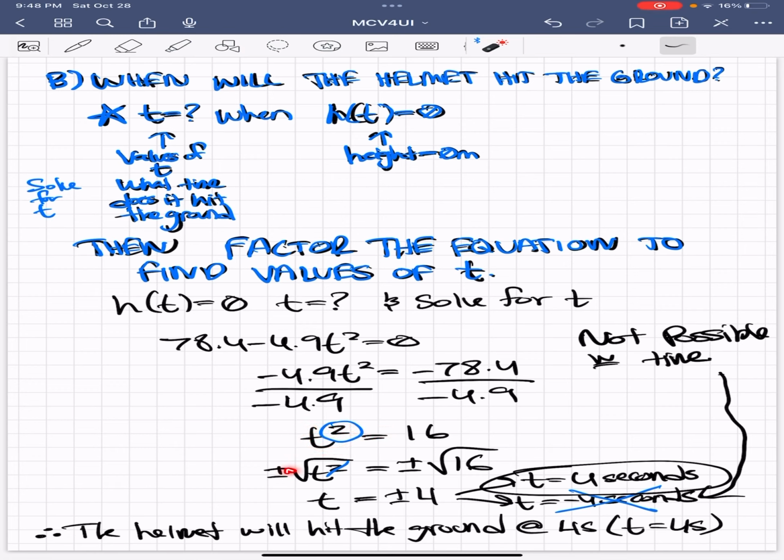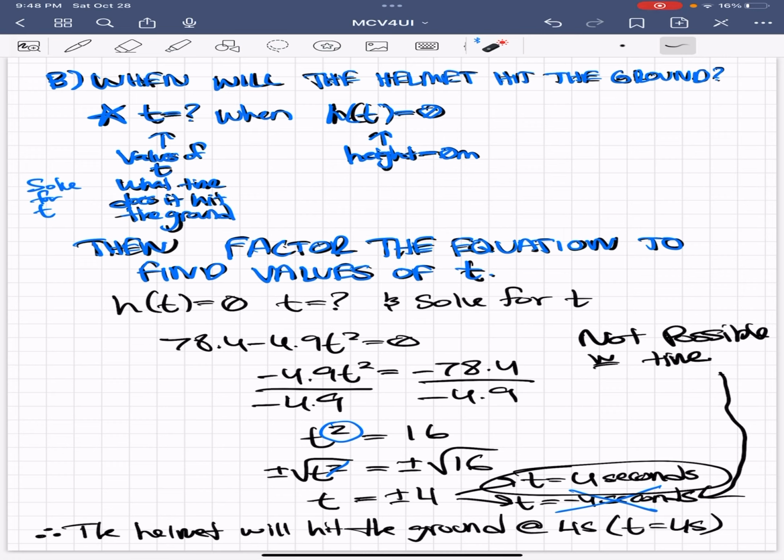So we square rooted both sides to get rid of the t to the power of 2. And when we square root, we always do a plus or minus in front. And then we got t equals plus or minus 4. That's 4 seconds or negative 4 seconds. And again, it was not possible for time to be negative 4 seconds.